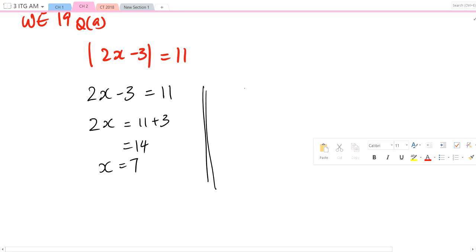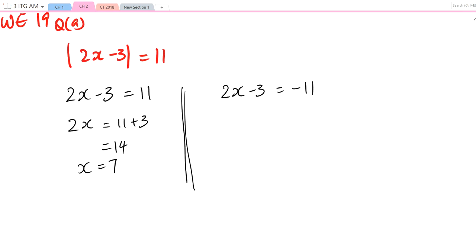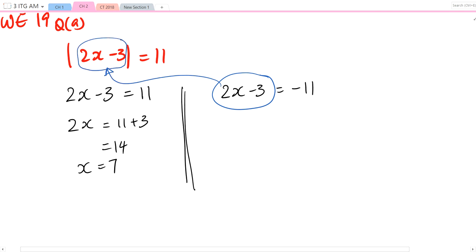The other possibility is that 2x minus 3 could have been equal to negative 11. Now let us think about what this actually means. 2x minus 3 is found inside the modulus. Suppose the 2x minus 3 value is negative 11. If it is negative 11 and you introduce the modulus symbol, wouldn't that result in a positive value of 11?